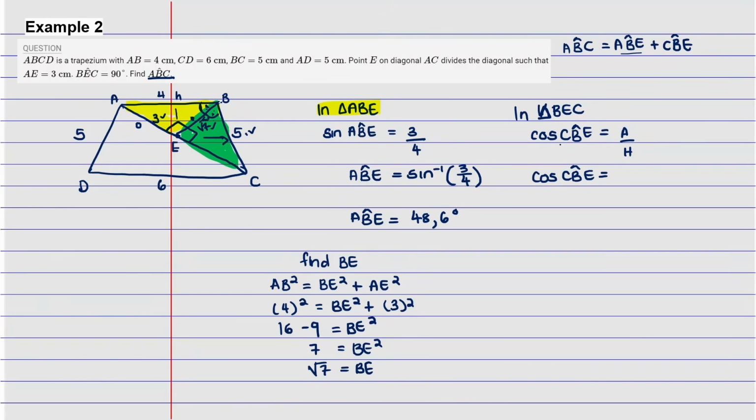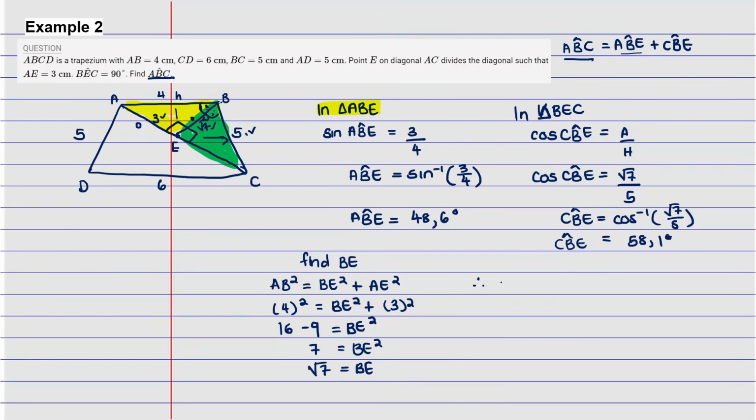Adjacent is √7, hypotenuse is 5. So CBE is equal to cos inverse of √7 divided by 5. Then when you punch that into the calculator, you're going to get that CBE is equal to 58,1.